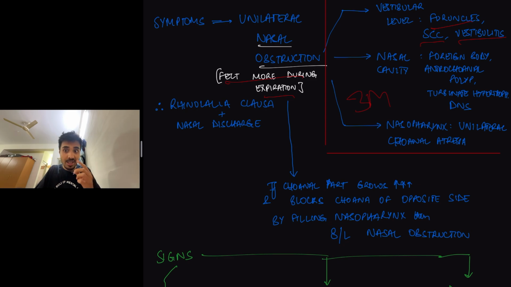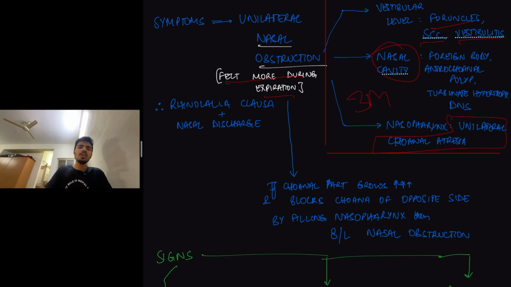Unilateral nasal obstruction at the level of the nasal cavity: any foreign body aspiration, any C-shaped deviated nasal septum, antrochoanal polyp, or any rhinolith, all these cause unilateral nasal obstruction. Then at the level of the nasopharynx, unilateral choanal atresia, meaning only on one side there's a membrane covering the choana. Atresia is membranous closure. Stenosis is narrowing. So that is at the level of the nasopharynx.